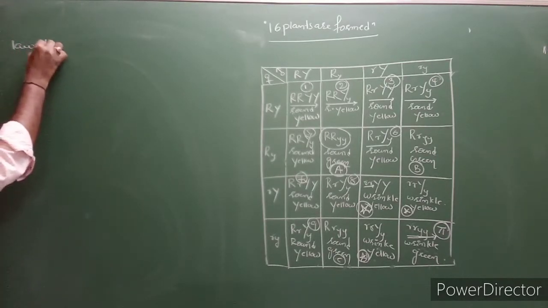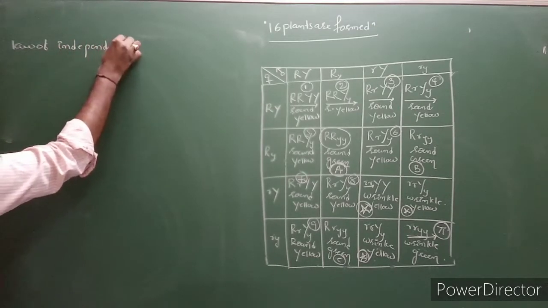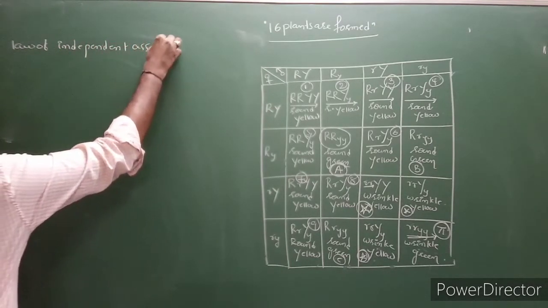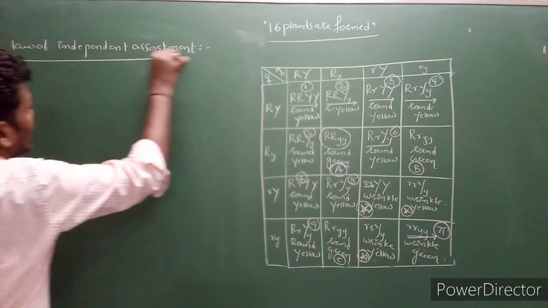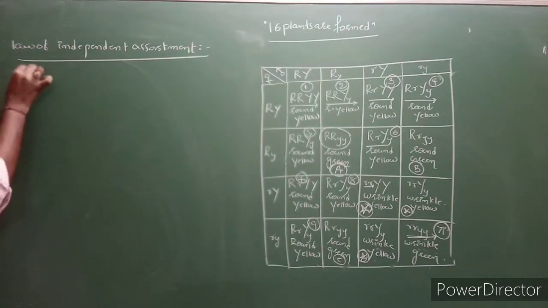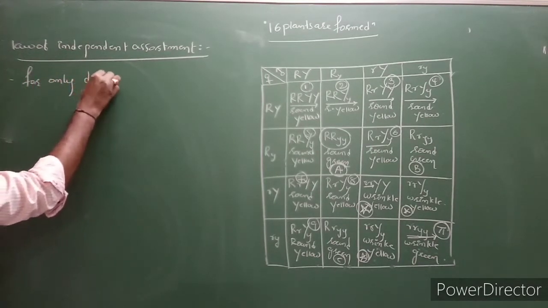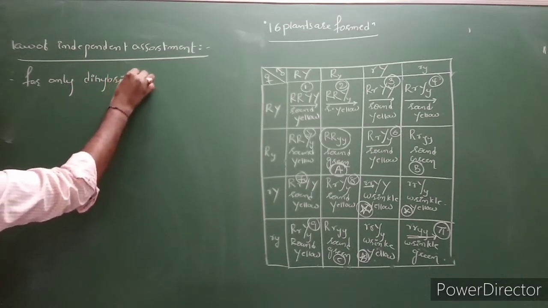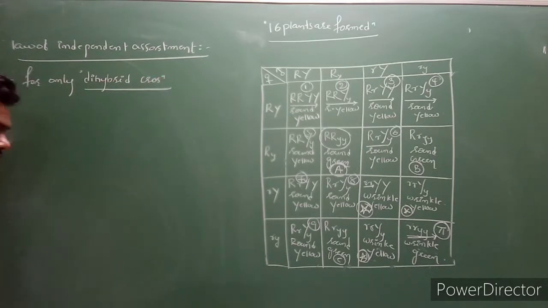Law of independent assortment. The law of independent assortment is explained only for the dihybrid cross, dihybrid plants.